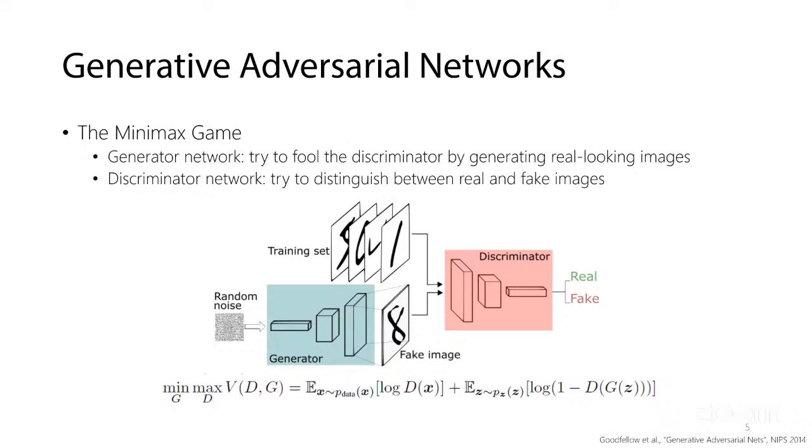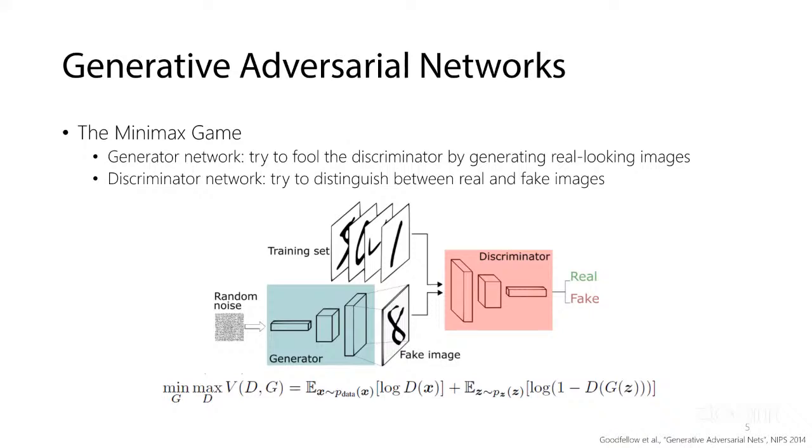The discriminator wants to maximize the chance of correctly classifying real images from fake images, right? In the meantime, the generator's goal is to minimize the chance of the discriminator discriminating real versus fake, because this guy wants to fool the discriminator. So it's called the minimax game.